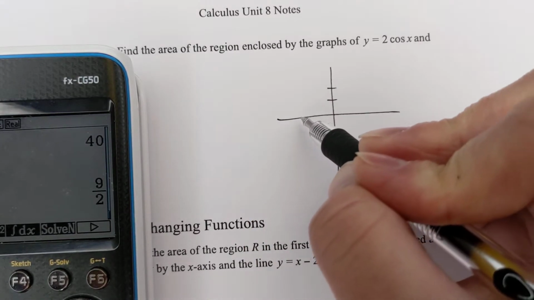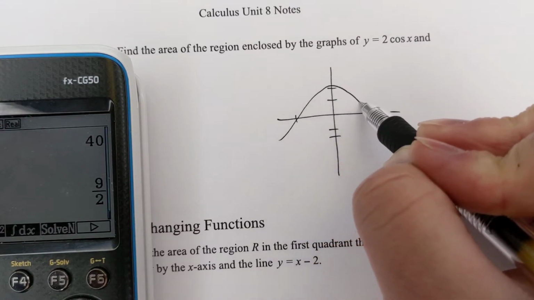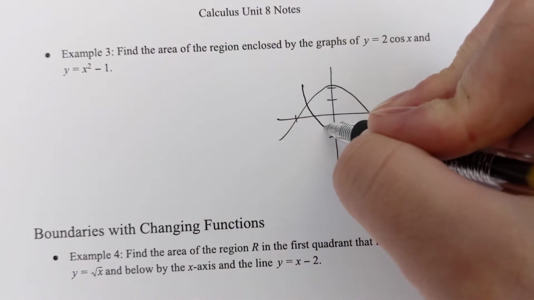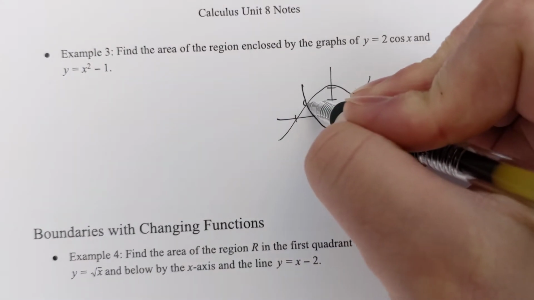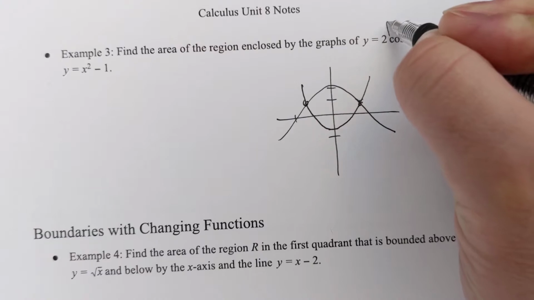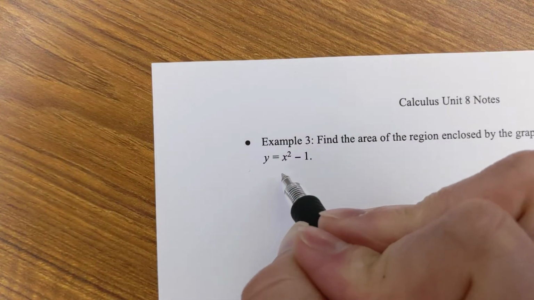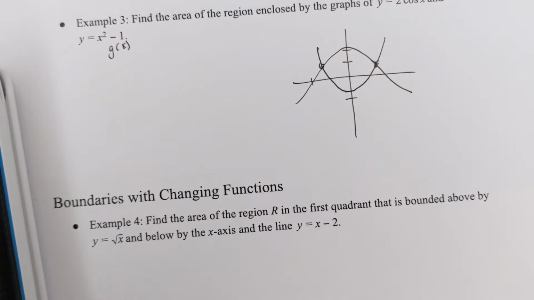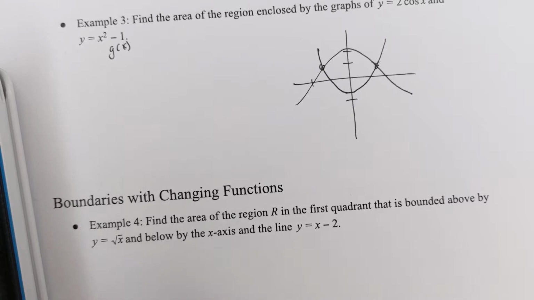So 2 cosine x is going to do something like that. X squared minus 1 is going to do something like that. So we need to find those two locations. This function is our upper one, so it's our f of x, which means this one is our g of x. The calculator will let you find the intersection points.